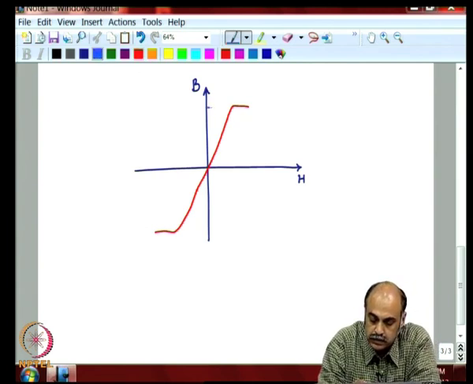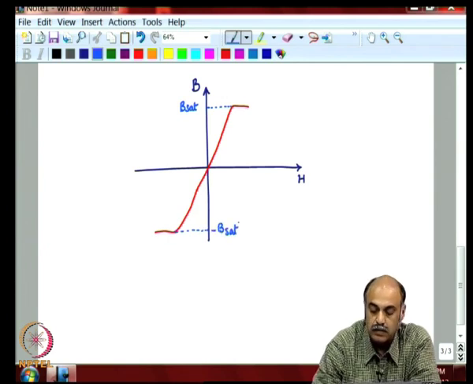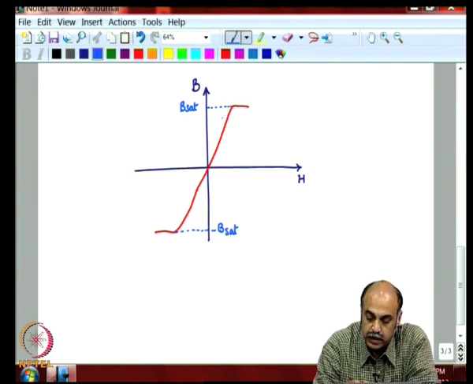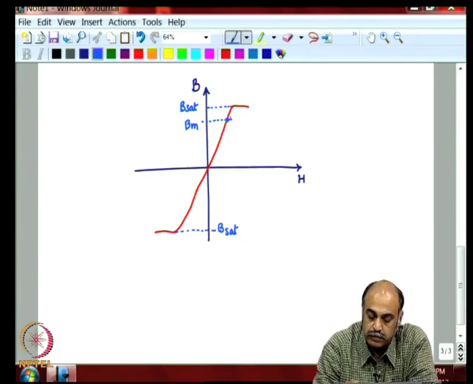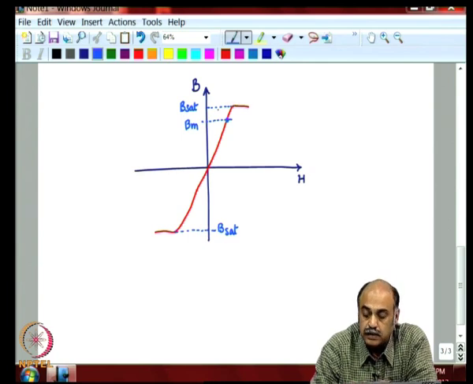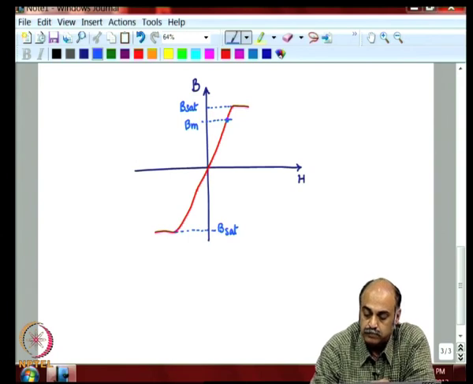Let us say this is called BSAT and this is minus BSAT, but the operating point may be well below BSAT. Let us say this is Bm. So, this maximum operating flux density may depend upon the BSAT, and the BSAT depends upon the material.